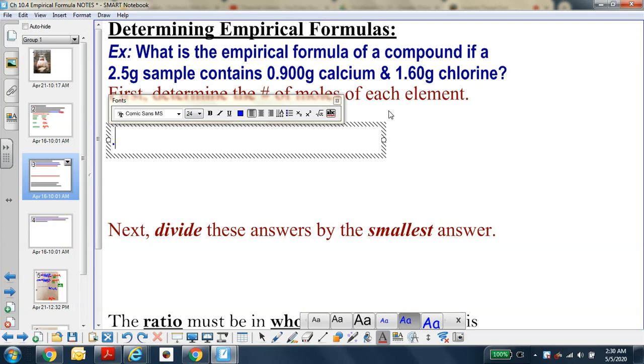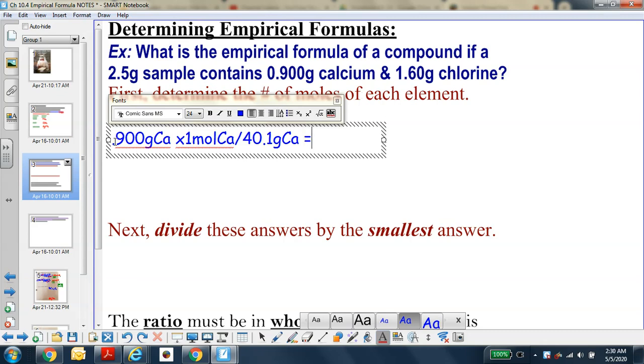So I've got 0.900 grams of calcium times, and we're converting to mole, so 1 goes with the mole when we're doing our molar conversions, divided by the atomic mass of calcium rounded to one place past the decimal. And from our periodic table, it is 40.1 grams calcium equals.